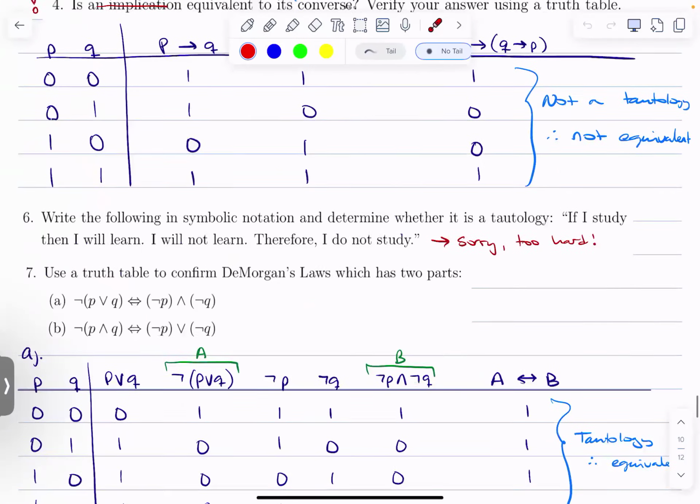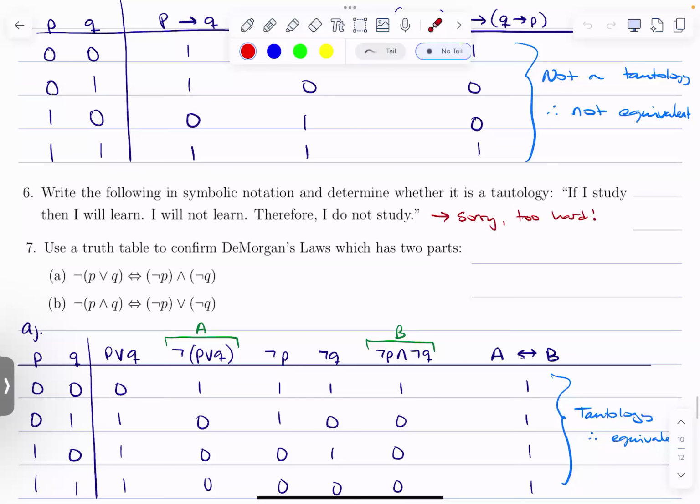When I was working through, before I posted the notes from last day, I realized that number 6 that I had given you was too hard. We hadn't talked about modus tollens, so that's too hard. Don't worry about that. Just scratch it. If you were able to do it, cool.